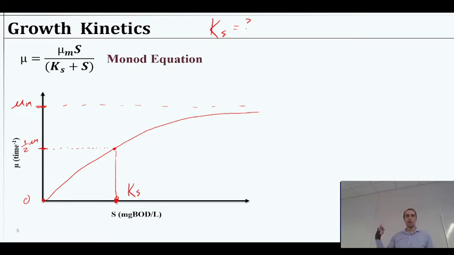So it doesn't matter too much. I'm not interested in deriving it all, but that's the Monod equation. Those are the parameters that go into it. The uppercase Ks is the one that's in BOD per liter units.